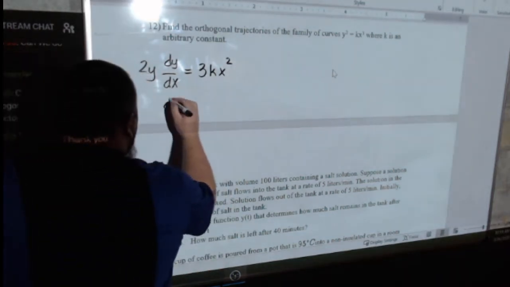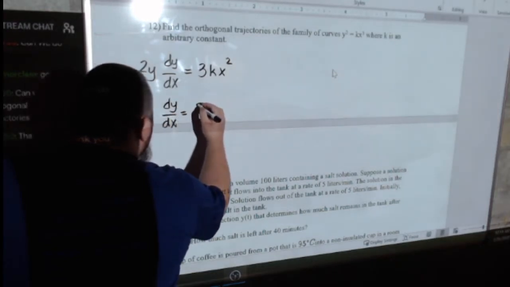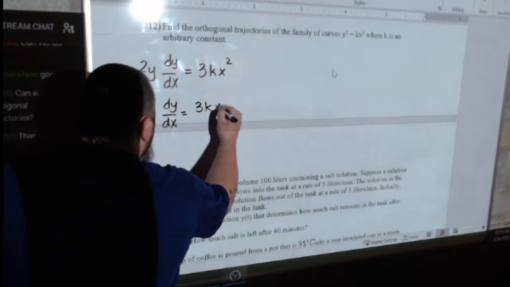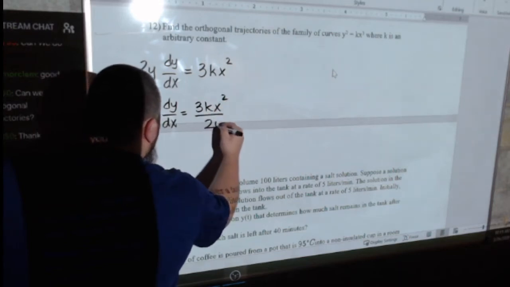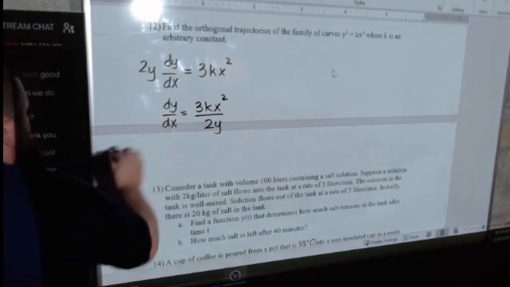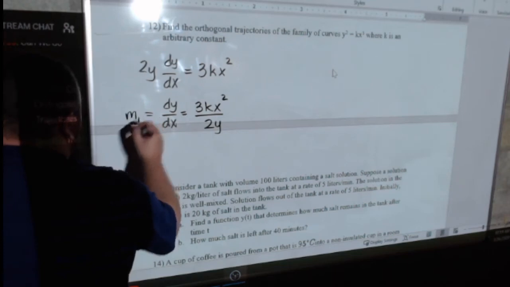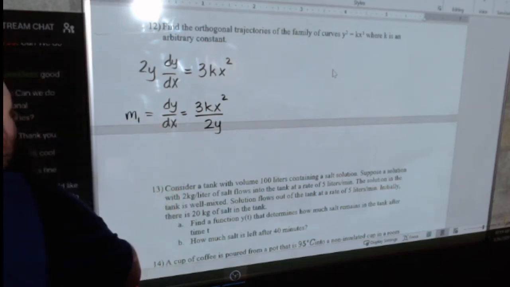So dy dx is 3kx squared over 2y. Now that's the slope of our original. Let's call that m1 for instance.